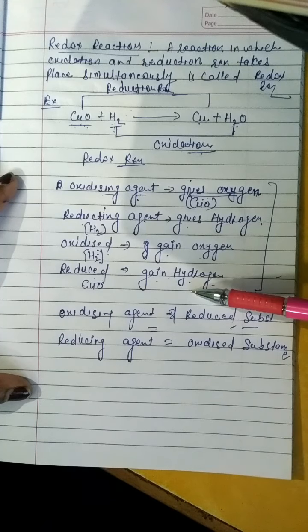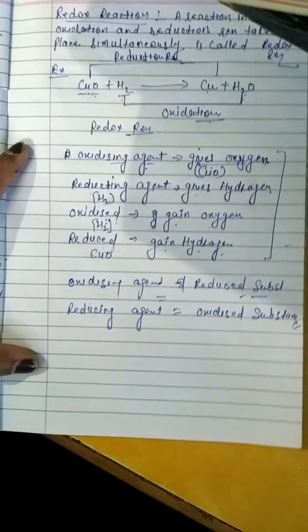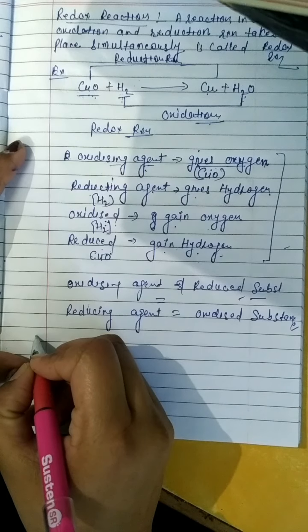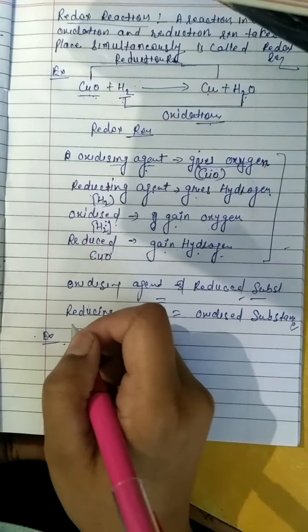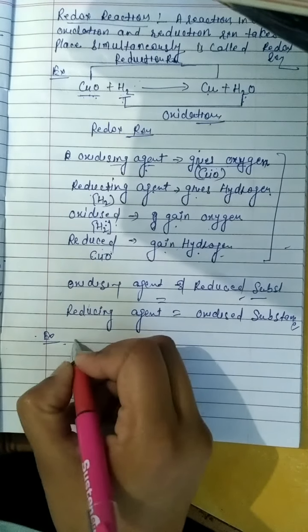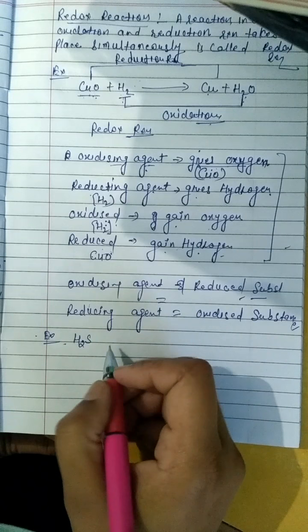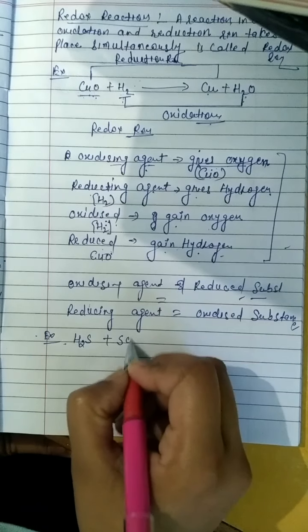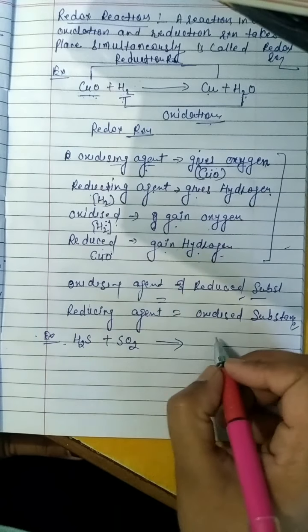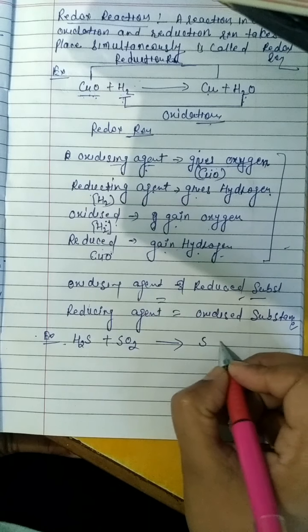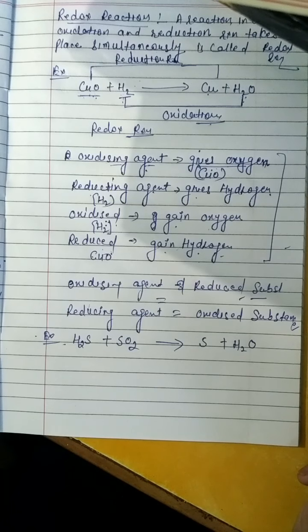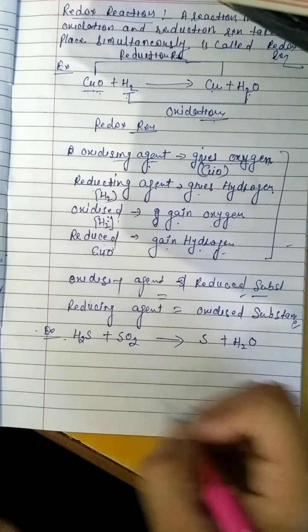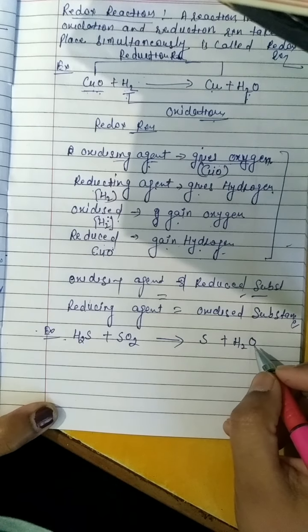Now we will explain one more example. One more example is hydrogen sulfide plus sulfur dioxide, that gives sulfur plus water molecule. Clear? In this, firstly, what is redox reaction, what is the oxidation reaction, and what is the reduction reaction.